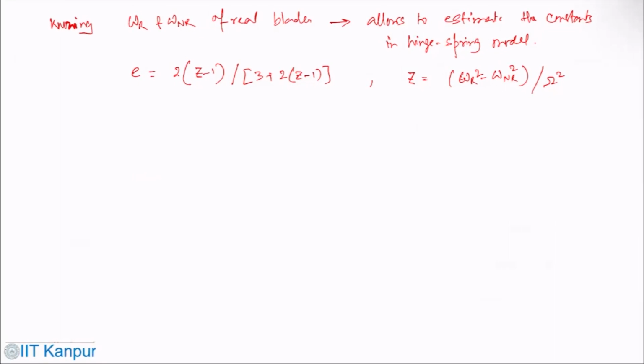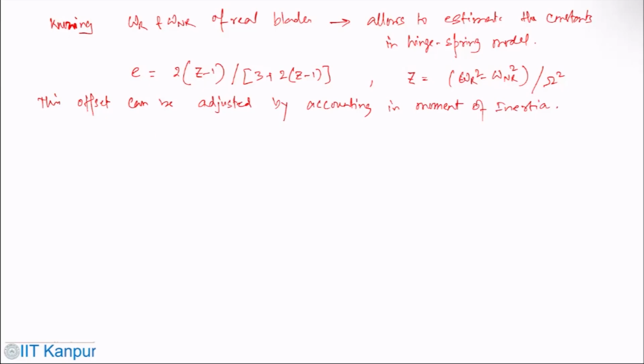That means this offset can be adjusted by accounting for it in the moment of inertia.